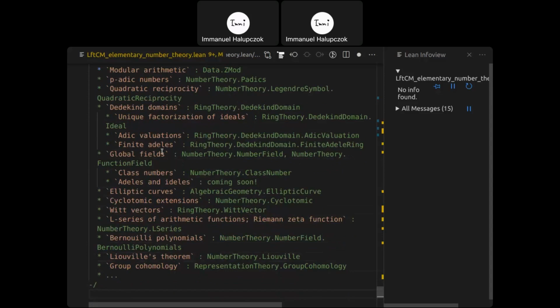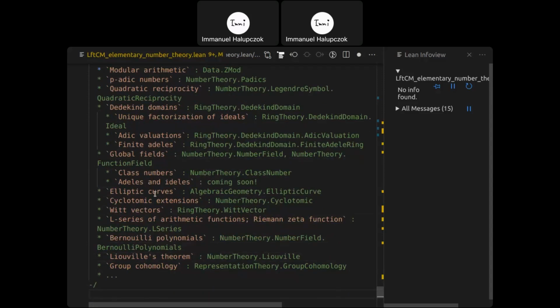We have global fields in Mathlib, not local fields yet, but they are coming very soon. So for global fields, we can even do things like define the class numbers and in some cases compute class numbers. And we will very soon have in Mathlib the definition of the adeles and ideles for a global field.